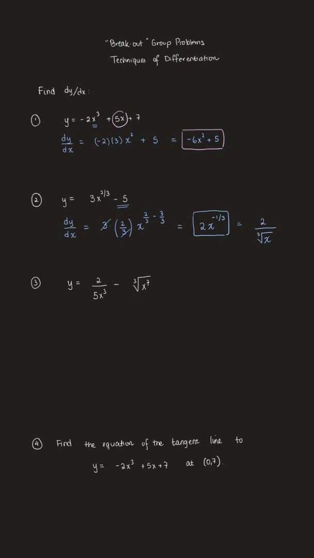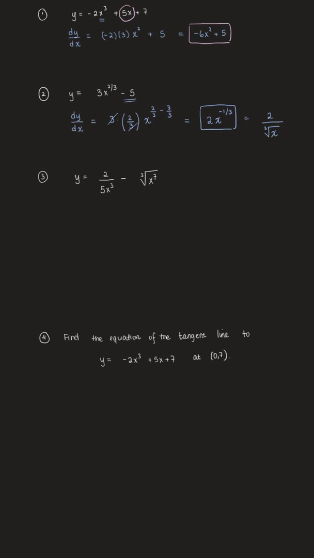And in our third problem here, I'm going to rewrite this first so I can more easily apply the power rule to each function in my difference. So rewriting this, the first term I'm going to rewrite as 2/5, and I'm going to bring x cubed to the numerator as x to the negative 3.